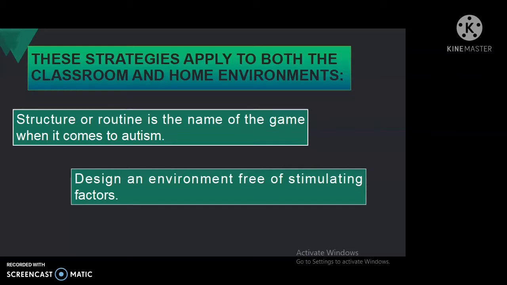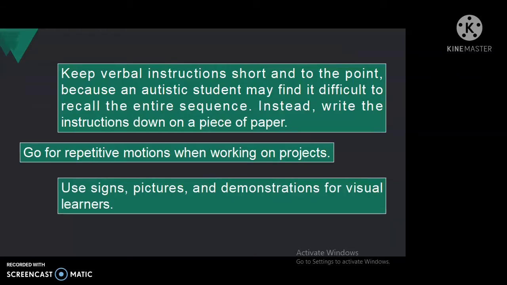And some autistic people find fluorescent lights distracting because they can see the flicker of the 60-cycle electricity. Third, keep verbal instructions short and to the point because an autistic student may find it difficult to recall the entire sequence. Instead, write the instructions down on a piece of paper.